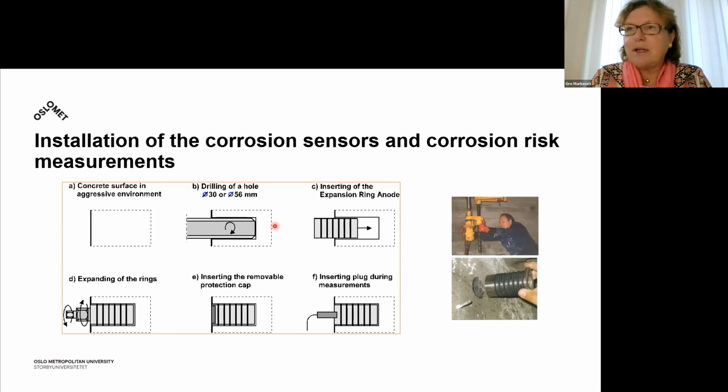Then for those concrete cores, we measured the chloride profiles, sent them to the laboratory, of course, and then we installed the expansion ring anode, so this corrosion sensor system, and they were twisted, so they really fit into the structure. And by removing the protection cap, measurement equipment could be installed that could read the electrical current or other signals.